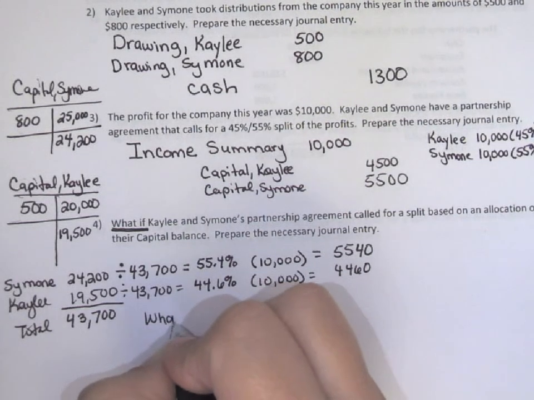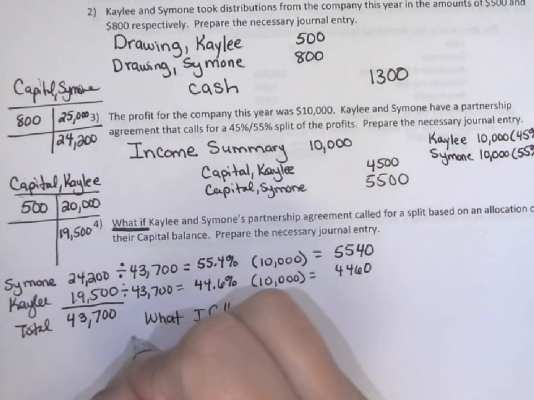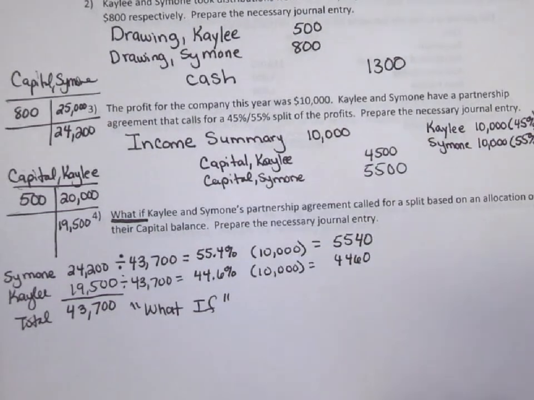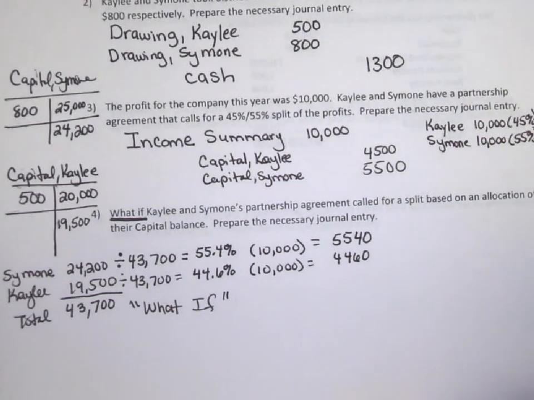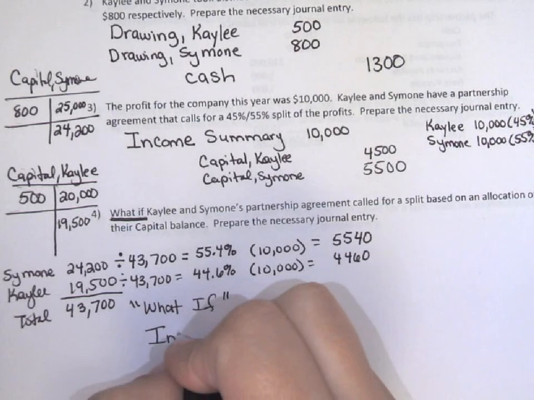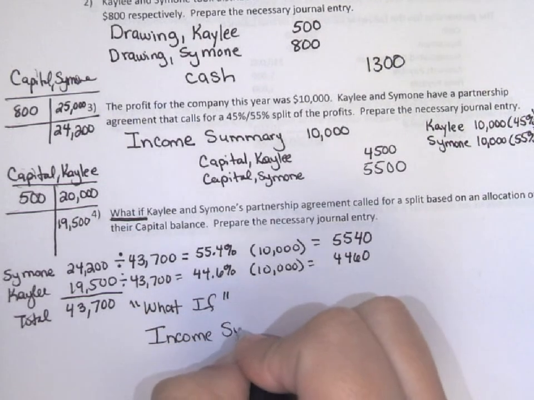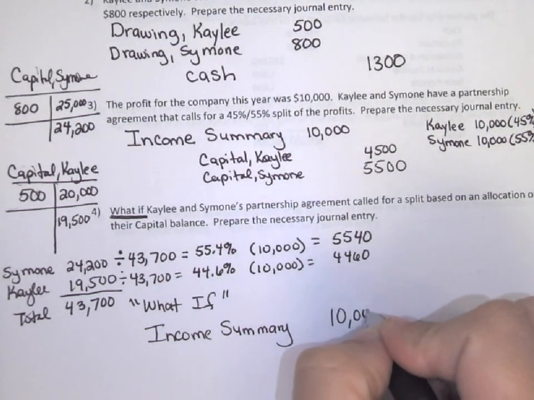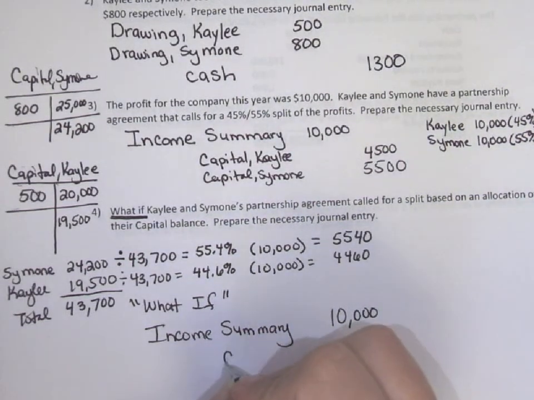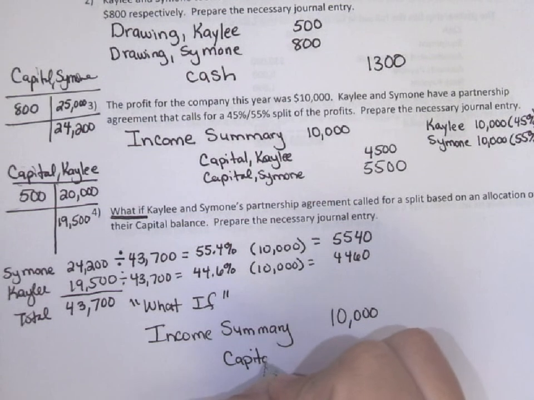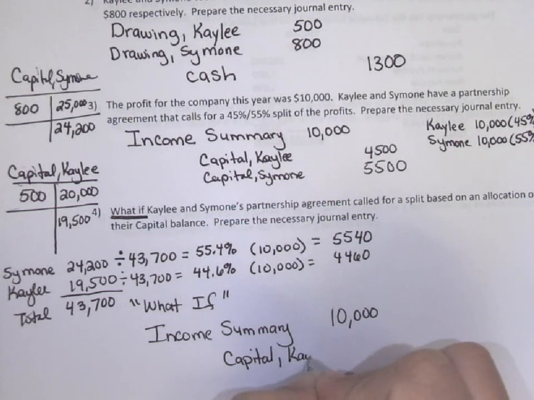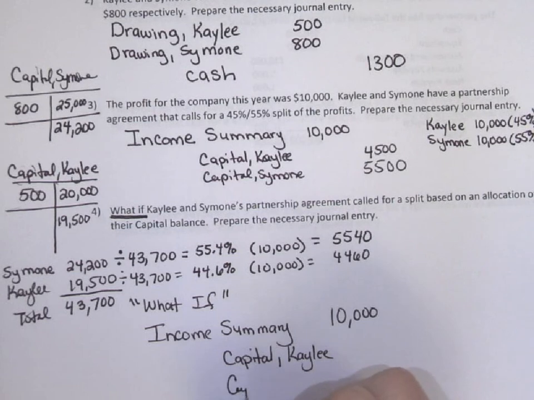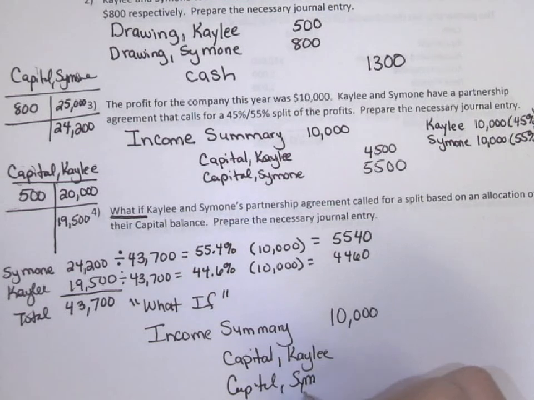Now remember, this is the what if. This is not what we're continuing with. This is just a what if. So with that, we would have that income summary. That wouldn't change in this what if scenario because we still have that $10,000 profit. But what would change is the actual dollar amount of what's going to Kaylee and what is going to Simone, because it's based on a different percentage.